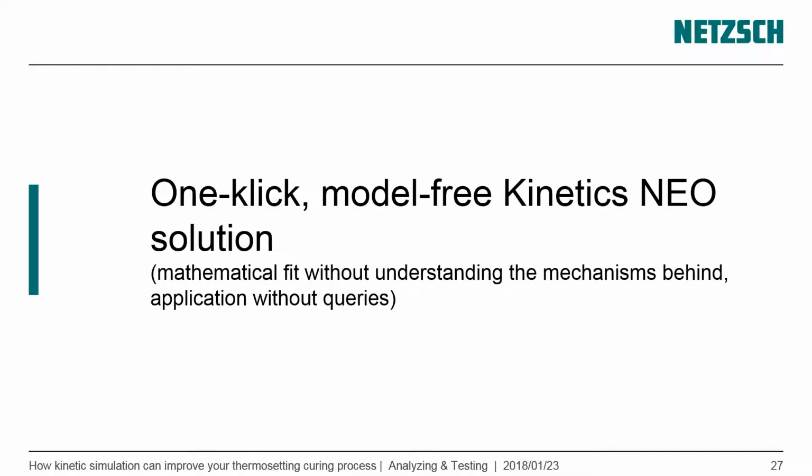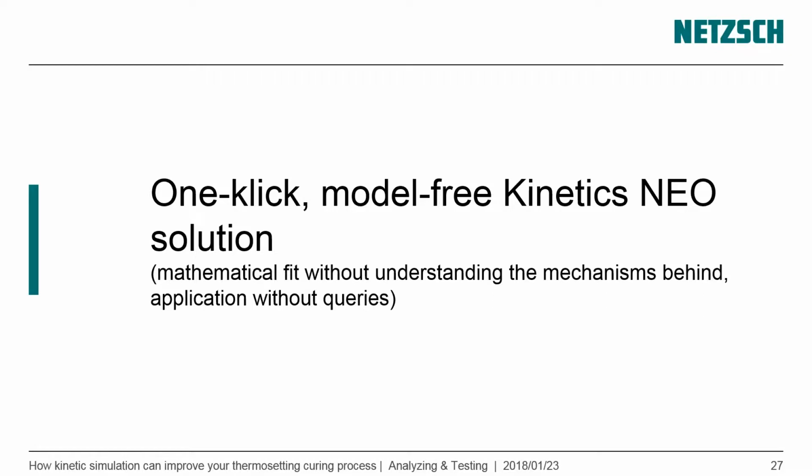So this is just a mathematical fit of your measurement data, like polynomial or exponential, without any kinetic model behind. So this is really the application without queries. And you have to be careful because this model-free kinetics cannot be used for very complex materials and very complex chemical reactions.